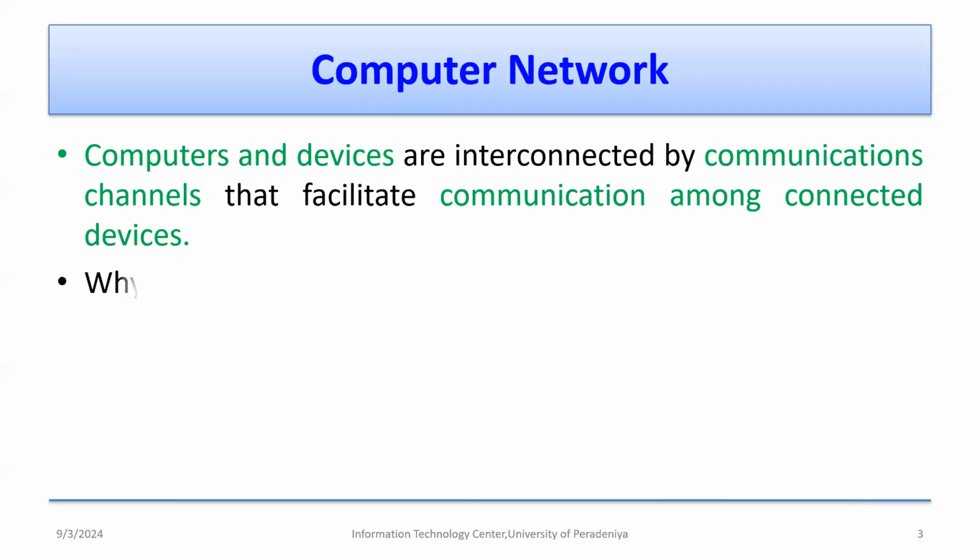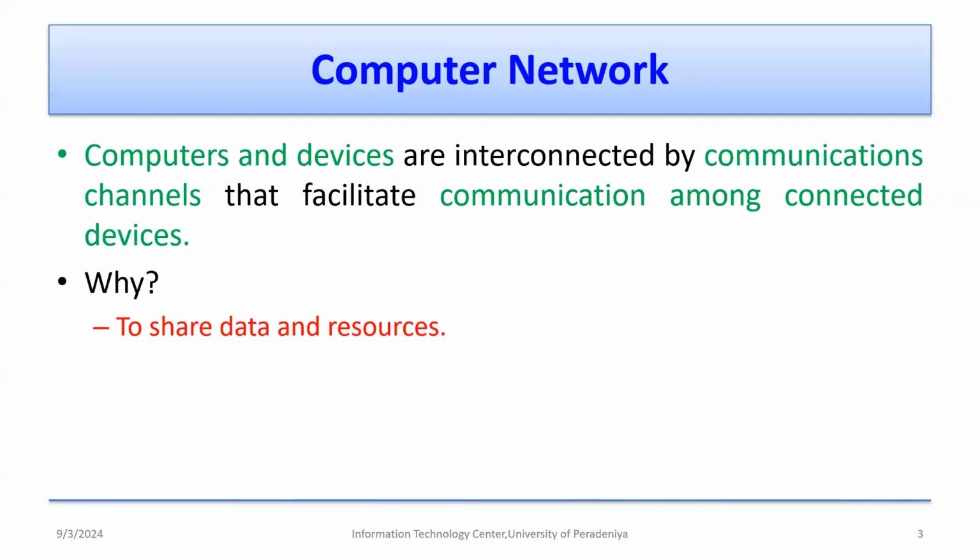So the main purpose of a computer network is to share resources and data. So that's the main purpose. For example, if you have one internet connection, and we have say 10 computers, right? If you want to access the internet separately, then we should have 10 dedicated connections, right? Instead of that, we can connect those 10 computers and create a computer network.